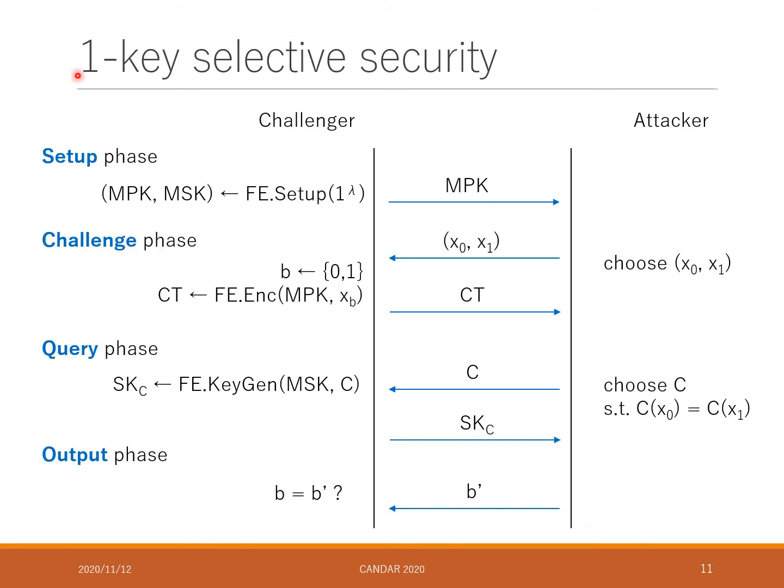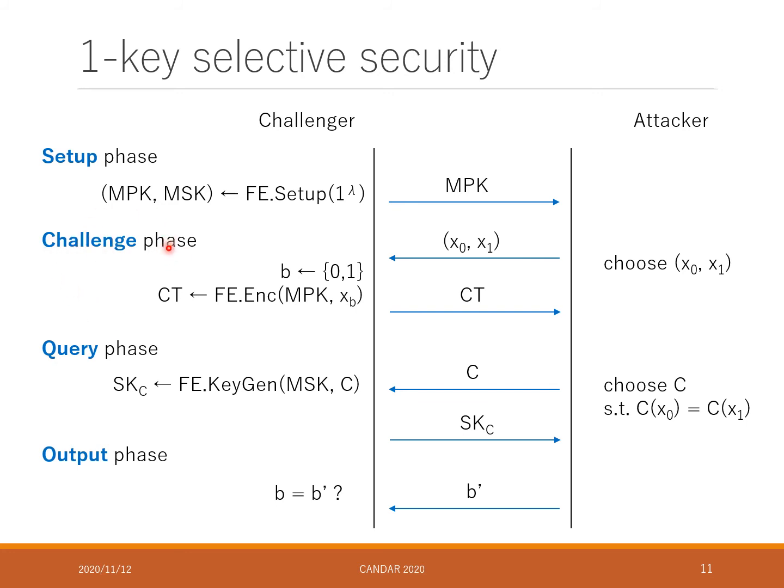We introduce the single key selective security for functional encryption. There are two parties in the security game, the challenger and the attacker. There are four phases. First, in the setup phase, the challenger generates a pair of public key and secret key, and then he sends the public key to the attacker.